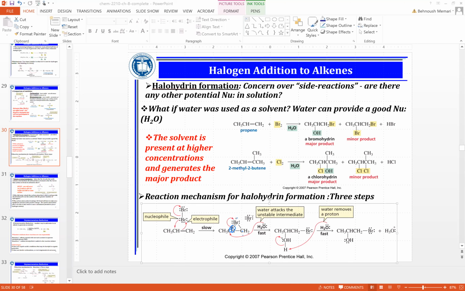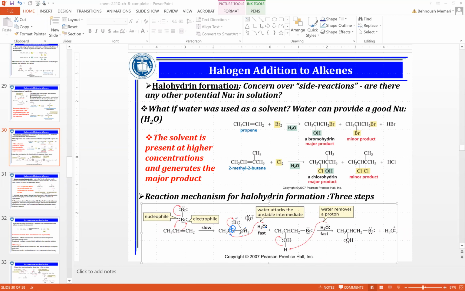If you bring the plus charge to carbon 2, it looks like you have a secondary carbocation, but if you bring it to carbon 1, it looks like you have a primary carbocation. And definitely a secondary is more stable. So the nucleophile is going to attack the second carbon, which is the secondary carbon, and the Br would stay on the first carbon.